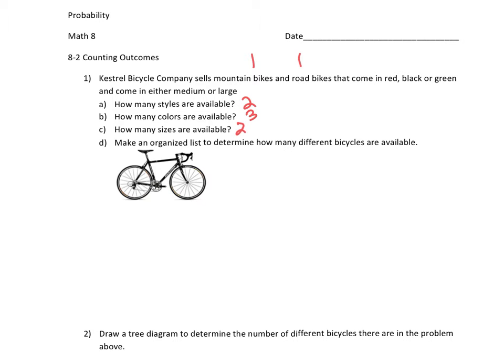So we're going to make an organized list to determine how many different bicycles are available. There's different ways of calculating this, but we'll actually look at 3 different ways. One of them is using an organized list.